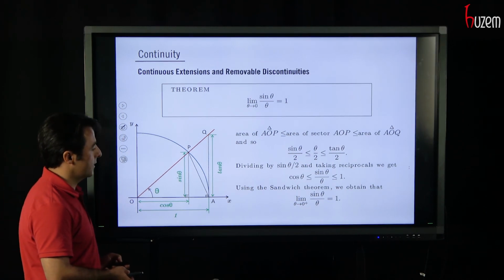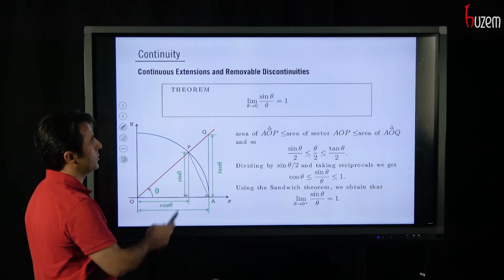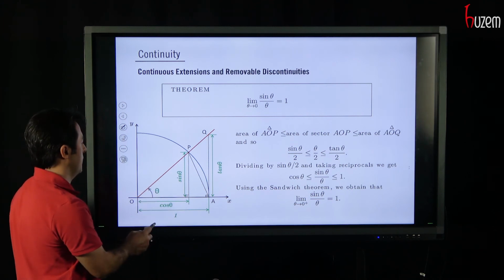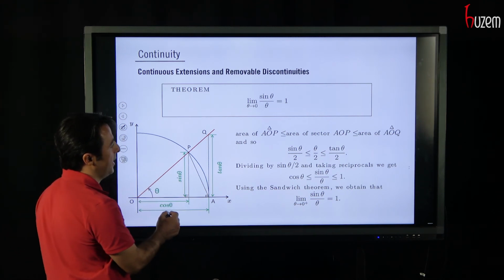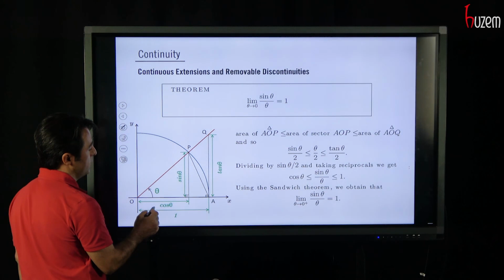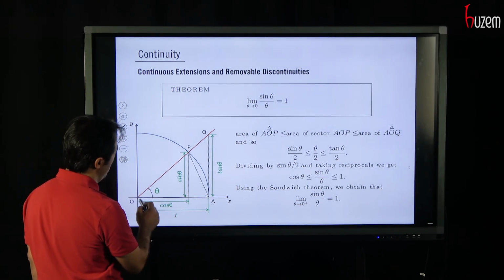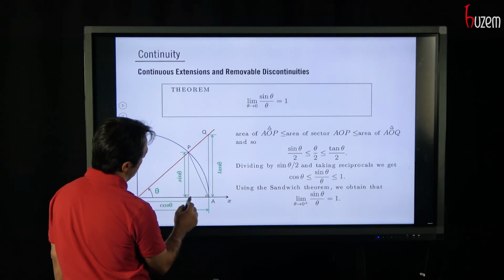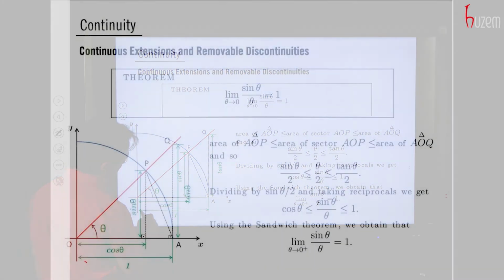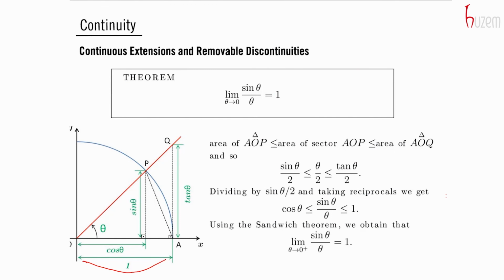And so as to prove that the limit is 1, we first look at this picture here. There are three areas to compare. The first one is the smaller triangle AOP, whose area is the length of the base, which is 1, times the height, which is sine theta, divided by 2. So this is the area of the triangle AOP.